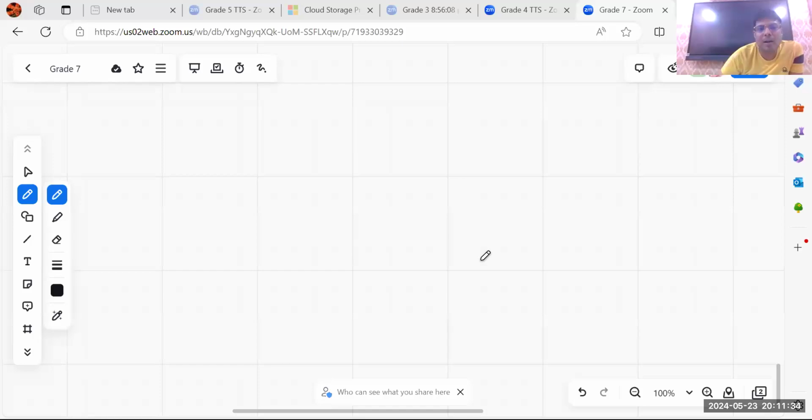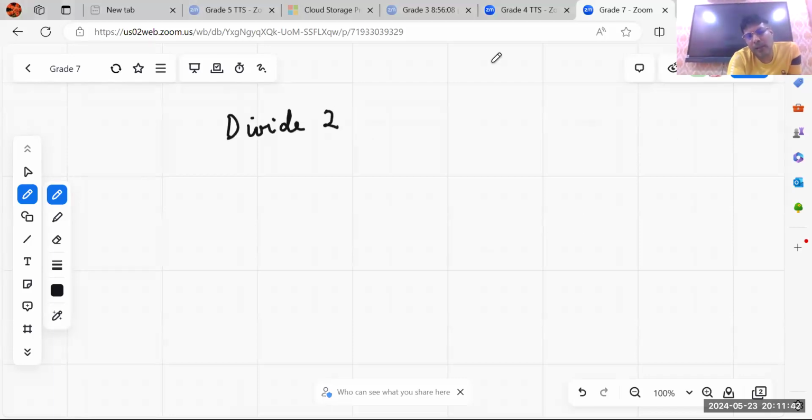So next concept. Let's say if I ask you to divide rupees 10 in the ratio 3 is to 7.